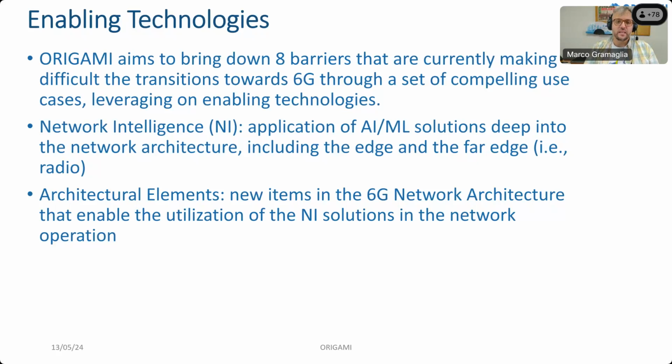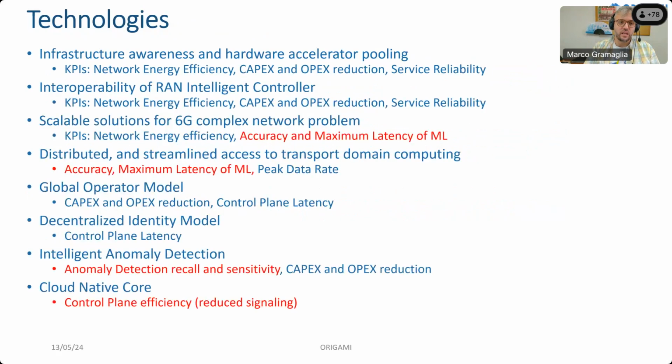And then the GSBA is an extended version of the current SBA architecture that we have in the core, extended towards the radio and towards the management of the network function. So this is basically the ecosystem where we move: network intelligence solutions, so AI/ML applied to some compelling use cases, and architectural elements that are enabling it. This is more or less the scenario in a nutshell.